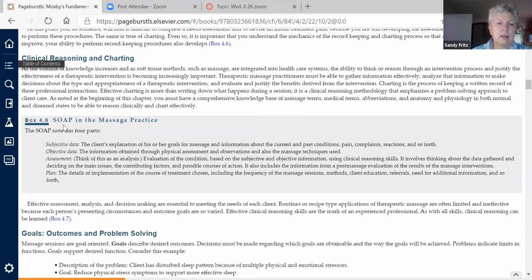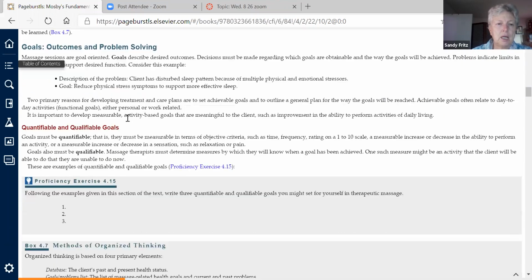So here is a little bit more information about the categories of content in a SOAP note. I already mentioned a little bit about qualifiable and quantifiable goals. One you measure and one is an activity.